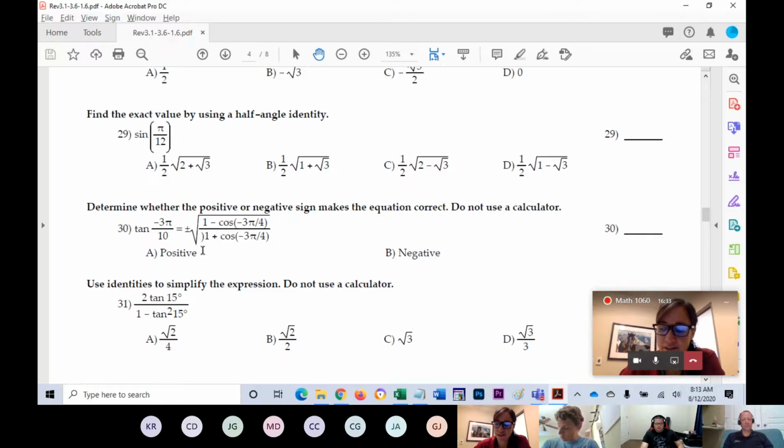Is it negative because it's in quadrant 2 for cosine, or no? I have no idea.